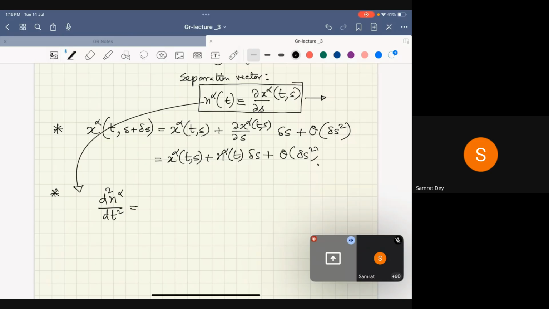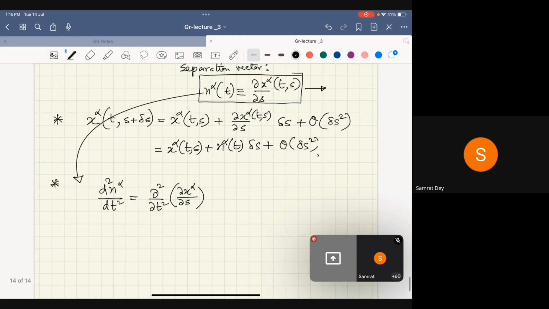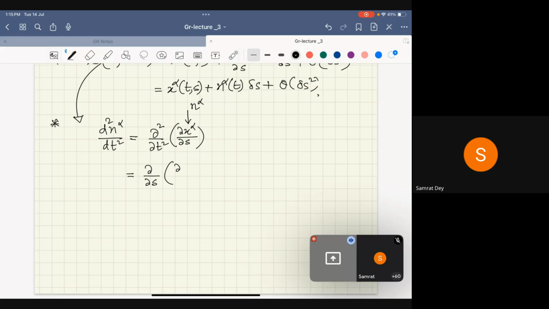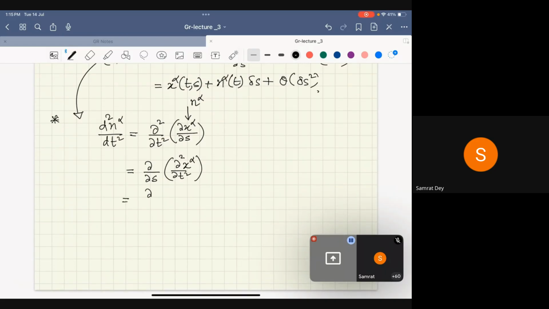That means I need to calculate partial^2 over partial t^2 of partial x^alpha over partial s, because partial x^alpha over partial s is by definition n^alpha. Since these are partial derivatives, I can interchange s and t, and first operate on x^alpha.